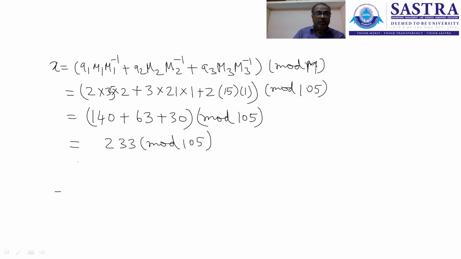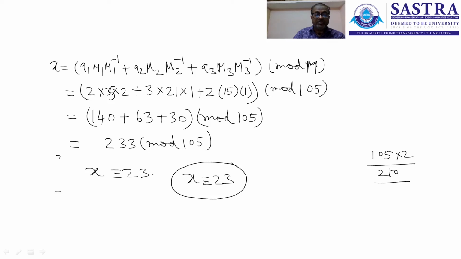Now when I write down the remainder alone, 105 into 2 gives 210. When I remove this 210, I will have a balance of 23. So the value of x is 23, and when I take x equal to 23, the three congruence equations are satisfied.